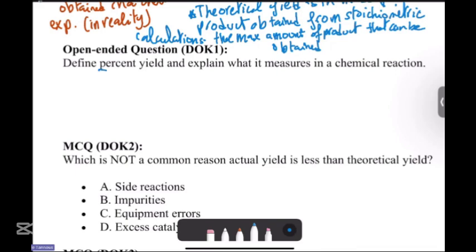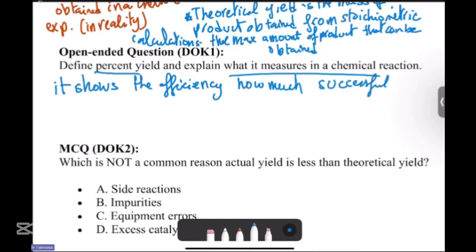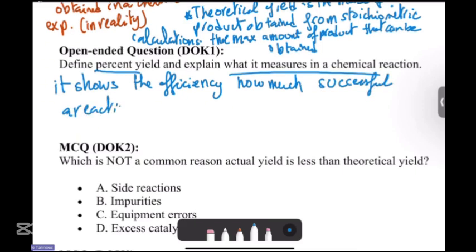Define percent yield and explain what it measures in a chemical reaction. So a percent yield gives an idea to the chemists to evaluate the success of a reaction. So it shows the efficiency. You might not like the word efficiency. It shows how successful a reaction was.